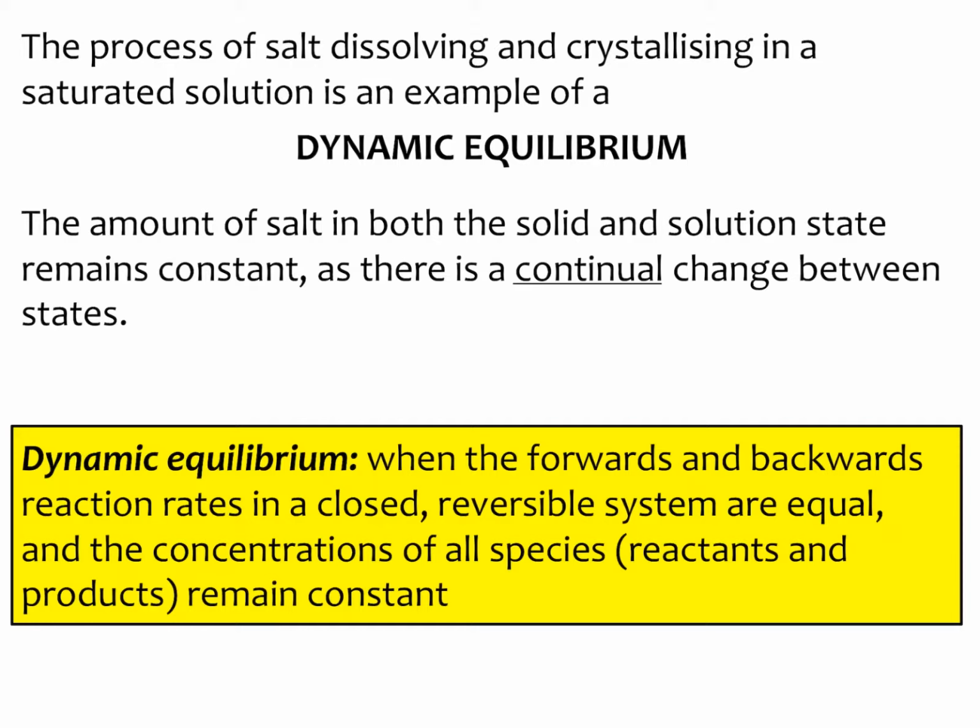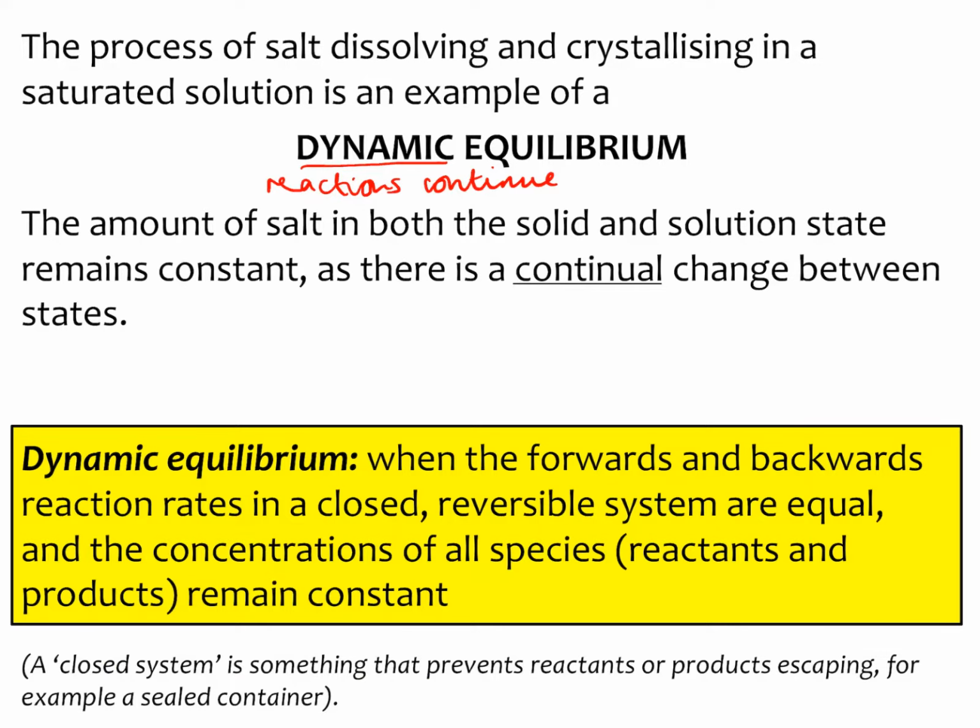Now the dynamic part specifically refers to the fact that the reactions are continuing. So that's not part of the definition, but it's just implying that this is a system that is continuing to react in both forwards and backwards reactions. It's not stopped. Now also just to point out, a closed system is something that prevents reactants or products escaping, for example a sealed container.